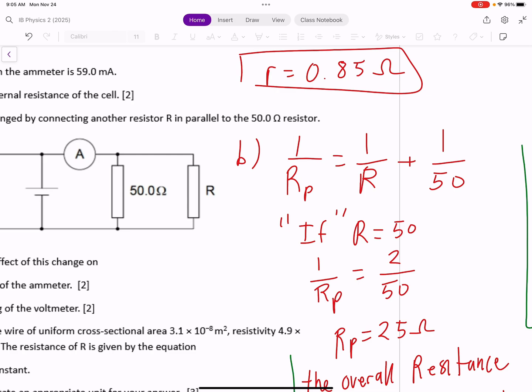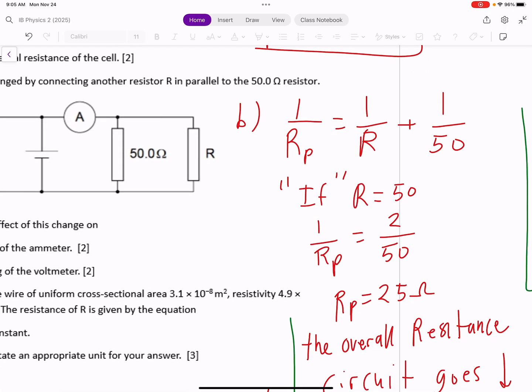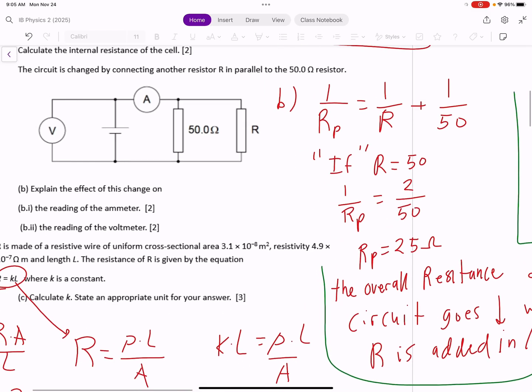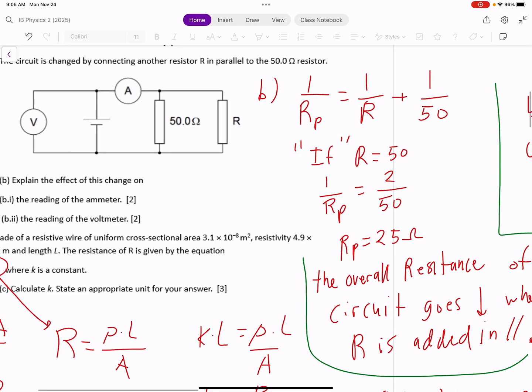So 1 over R, which we don't know, plus 1 over 50. We can solve for 1 over R, add the fractions and take the inverse, and we get R equals 25. It's important to know that the overall resistance of a circuit goes down when a resistor is added in parallel. You could continue to add resistors in parallel and the overall resistance will go down.